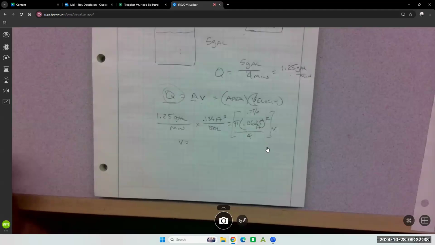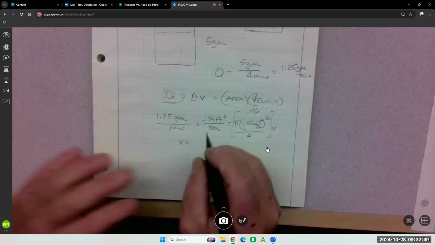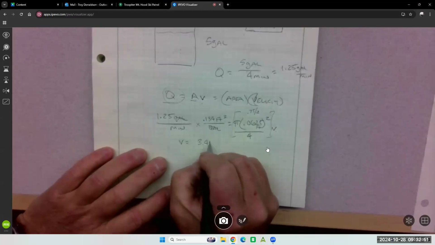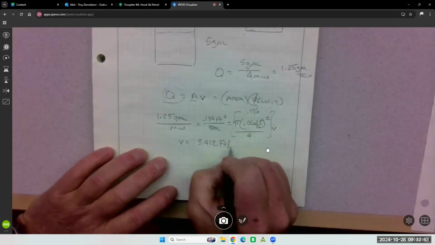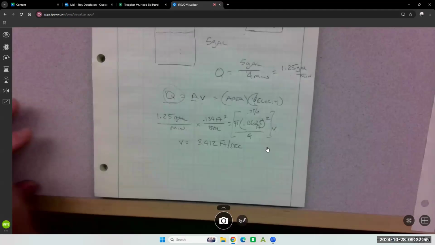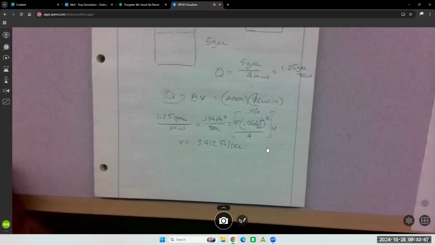Are you looking for the area number? No, I want the velocity. You all are capable of solving this equation. About 3.4. How much? 3.412. There's our first number. Feet per second, right? We need confirmation though.